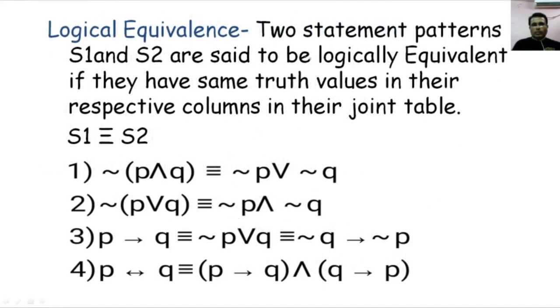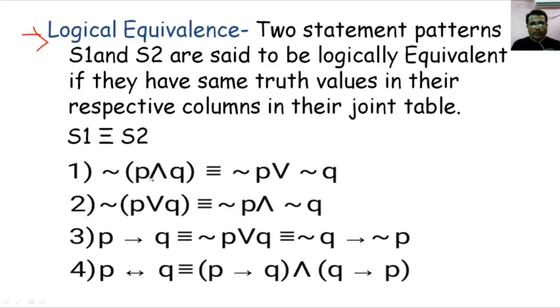We have to consider the first thing, that is logical equivalence. Two statement patterns S1 and S2 are said to be logically equivalent if they have same truth values in their respective columns. Now what this means, we get it with the example.